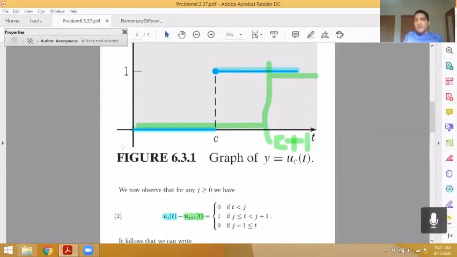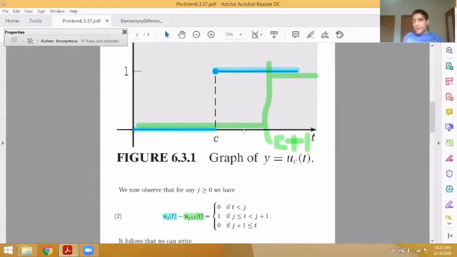Now we see that between 0 and c, or really just anything before c, both of the functions are 0, so when we subtract them, it's still 0. Between c and c plus 1, where c is included but c plus 1 is excluded, u_c is equal to 1, but u_{c+1} is equal to 0.